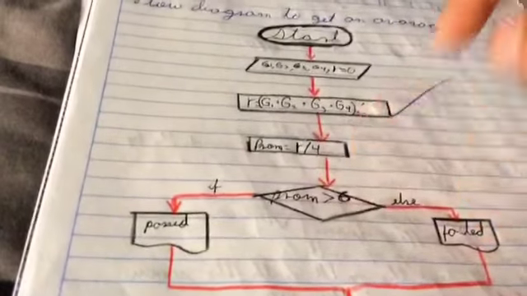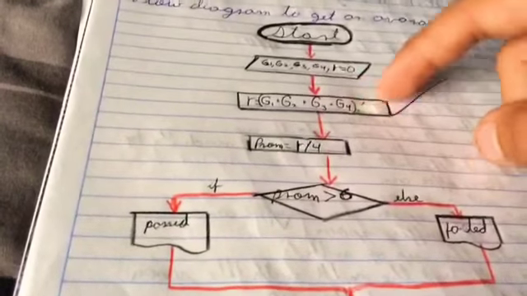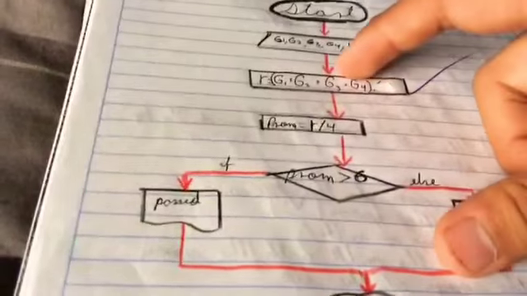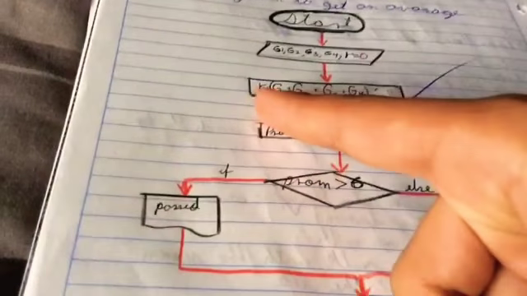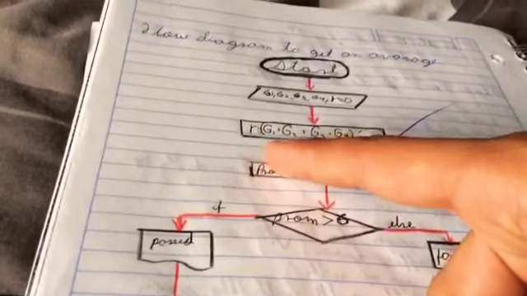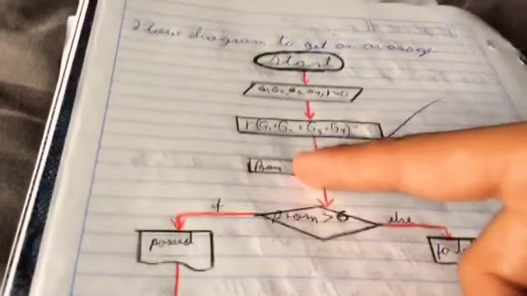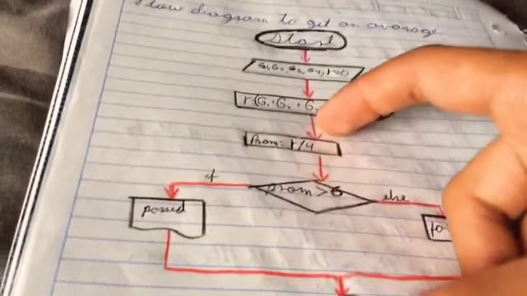Then you put how to do the process in a square or a rectangle. So here is the operation: result equal to grade 1 plus grade 2 plus grade 3 plus grade 4.